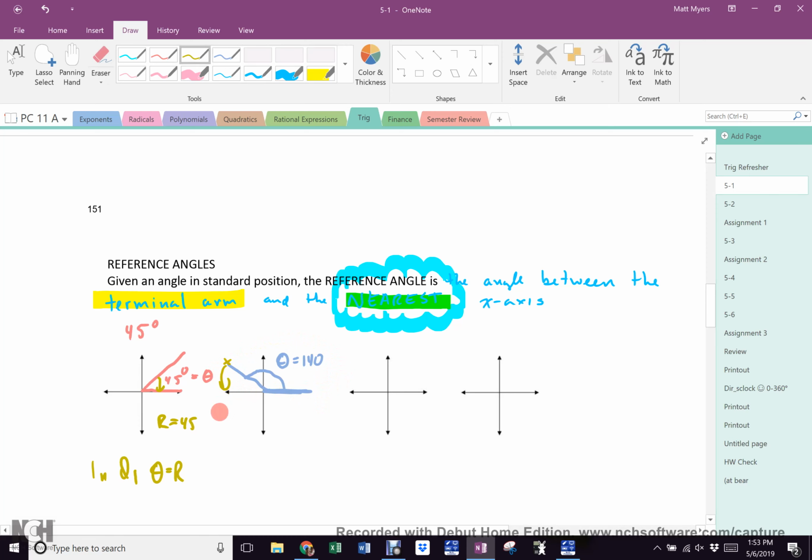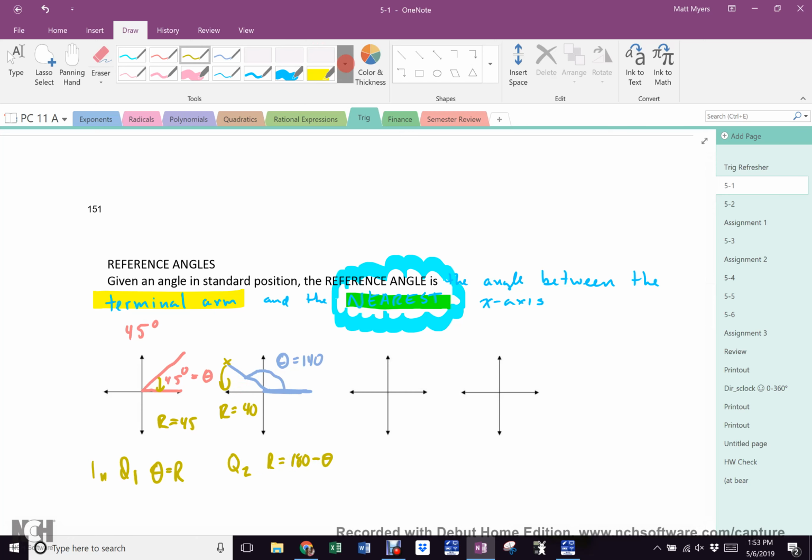This one. What is my reference? 40. In quadrant 2, reference angles equal 180 minus theta. Because if I went all the way there, it was 180. But I didn't. I only went 140. So there's 40 left over there. Does everybody understand?